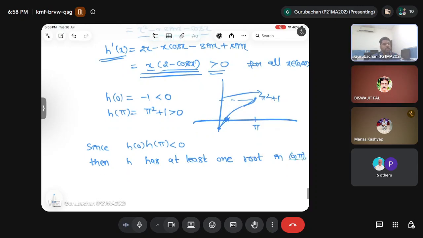Good, because at 0 it is negative and at pi it is positive, so there must be some point in between them.